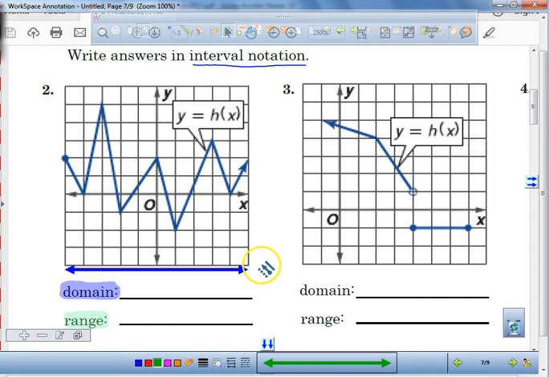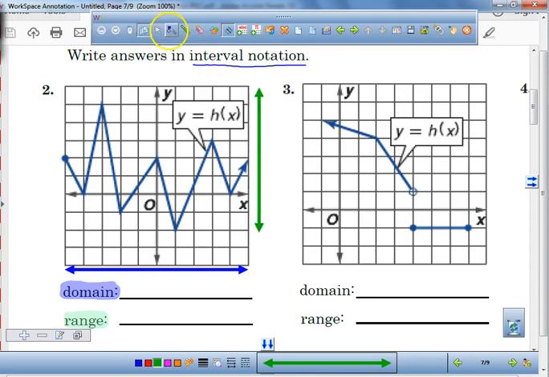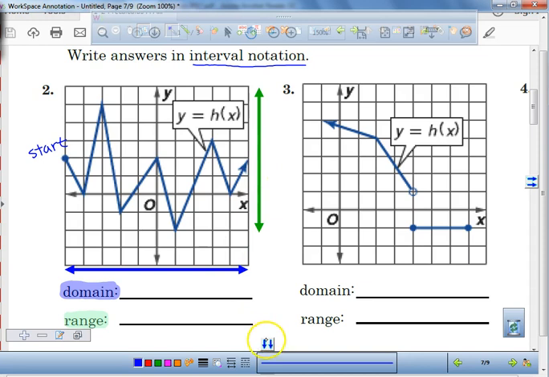And this right here, we're actually going to start here and work our way up. All right, so you'll see that the graph right over here, if you read it left to right, this is where the graph starts, and it's going all the way across, and it's continuing to go across. So the domain starts here, and then we have this arrow right here. Does that arrow have an ending point? No. It does not.